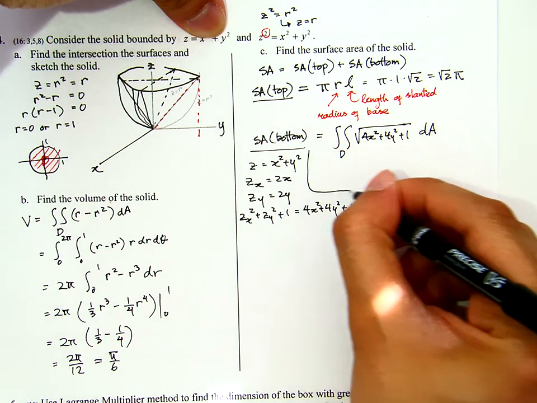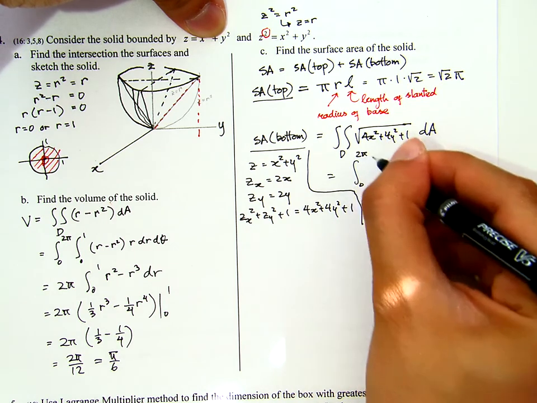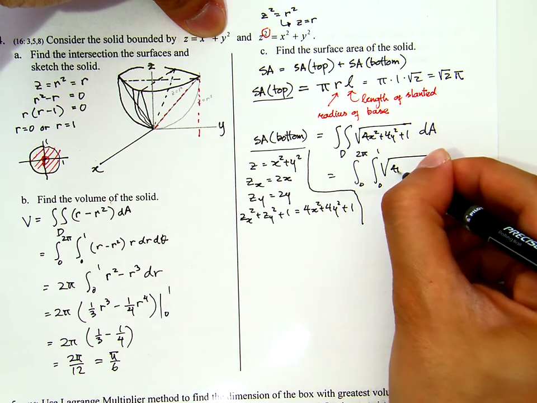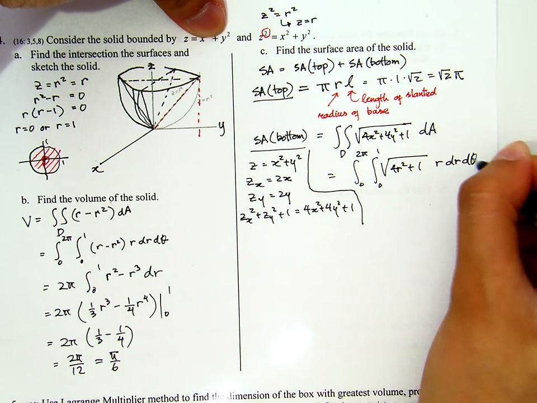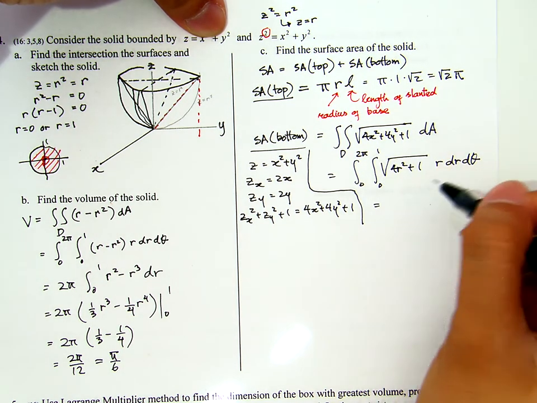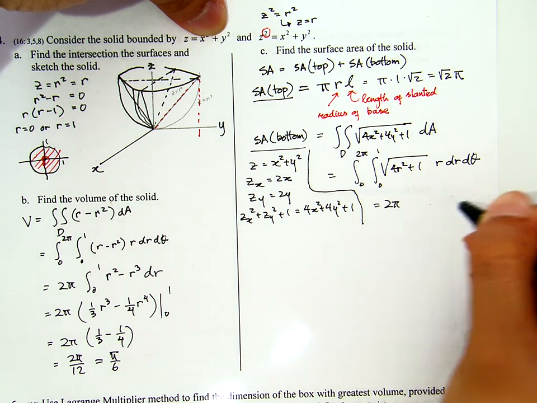Now if I change it into polar, this is the integral from 0 to 2 pi, integral from 0 to 1, square root of 4r squared plus 1 r dr d theta. And with the argument of independence of theta in the inner integral and the integrand, then I can take the 2 pi out.